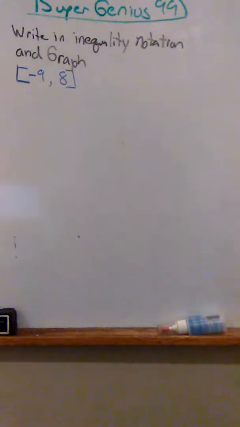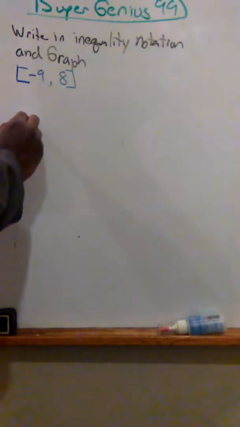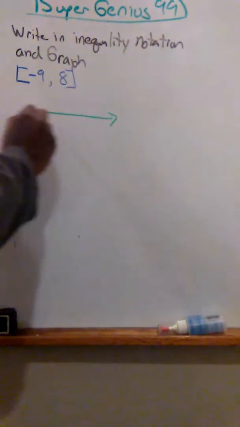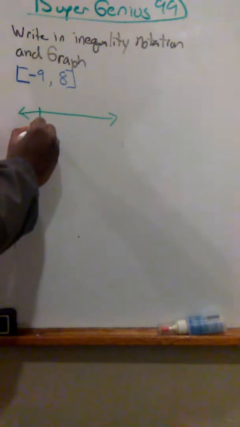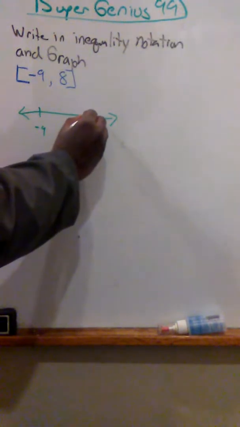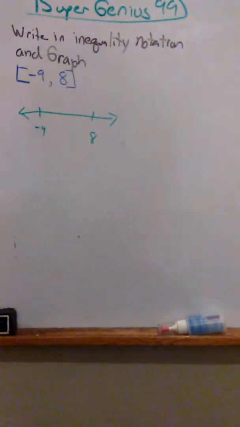So here we see -9, 8, and on both ends there are square brackets. So what does a square bracket mean? Square brackets mean inclusive. Okay, so just draw yourself a number line. Then pick a point and make it -9 and -8 and label it. So -9, +8.